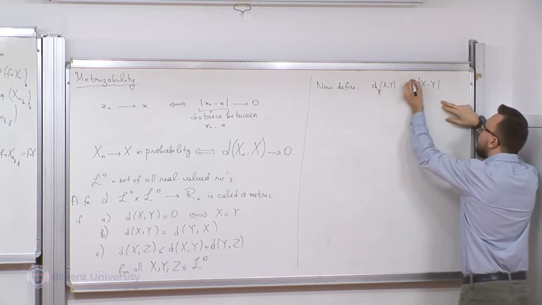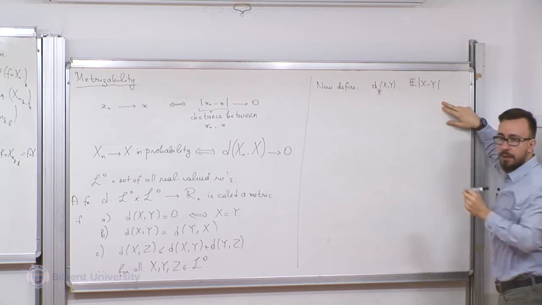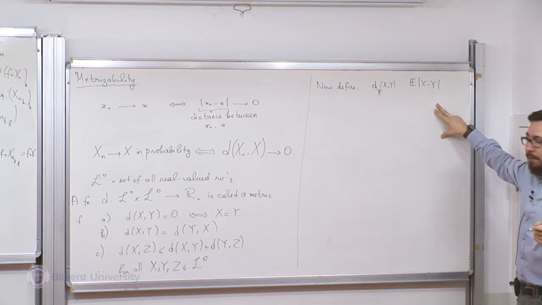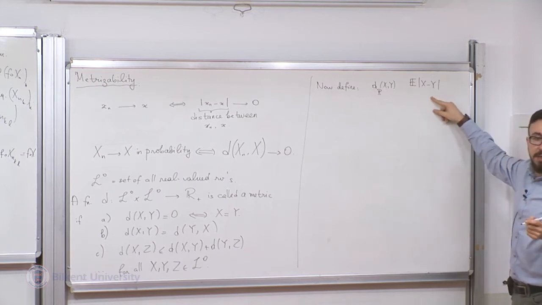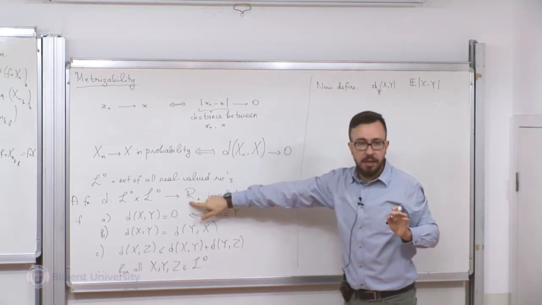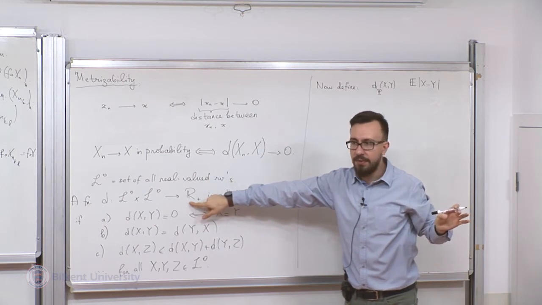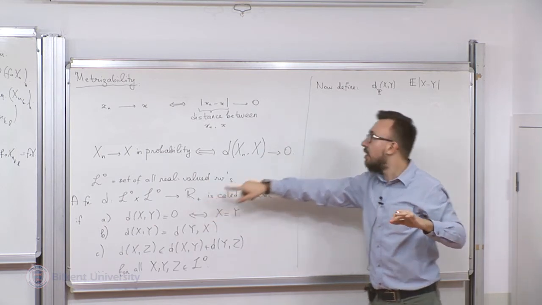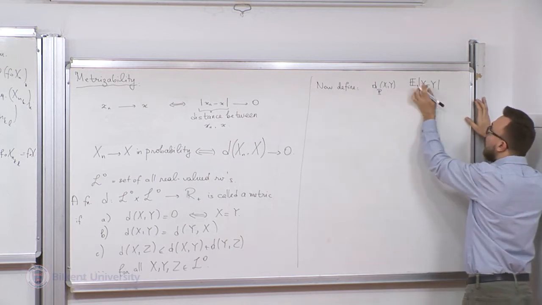So what we can do is to take its expectation. Now there is another problem because this expectation can be plus infinity, which is not wanted in metric spaces. In measure spaces, we allow plus infinity. In metric spaces, we don't do that. So we don't want that.